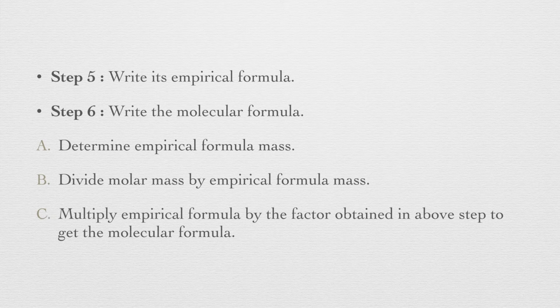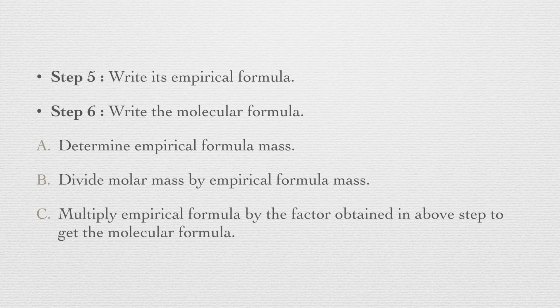Once the number of moles is done, you are going to find out the simplest ratio by dividing by the least number of moles of the atom which is obtained. Okay, once the ratio is done, you are going to find out the empirical formula. Once the empirical formula is known to you, you are going to find out the molecular formula.